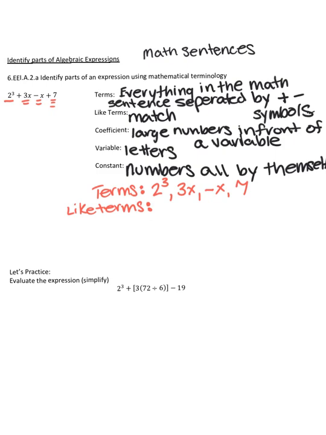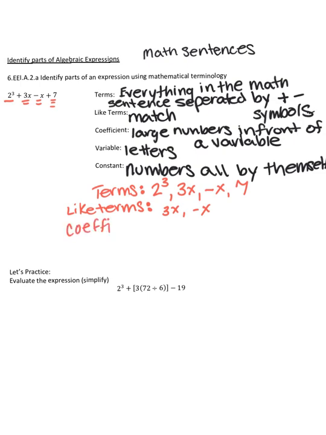So our plus and minus signs attach to our variables and our numbers, such as positives and negatives. So our like terms in this particular problem are 3x and negative x. They both have an x, so they are like. Number 7 is a number by itself, so it is not a like term.